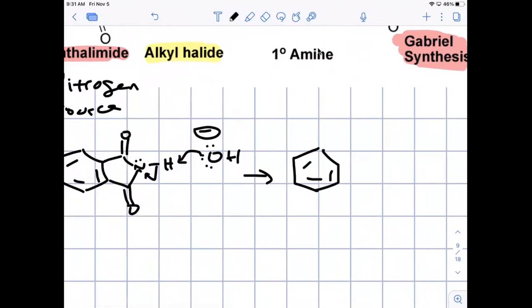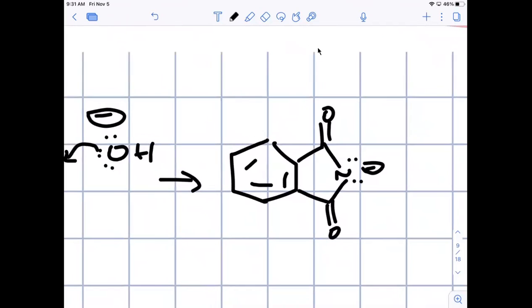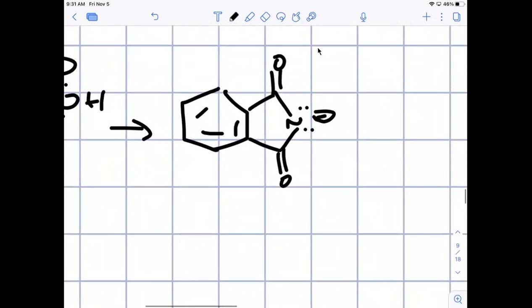So we end up here. That's negative. And then again, you can stabilize the charge on nitrogen by resonance with those two carbonyl groups. So that's that plus water.